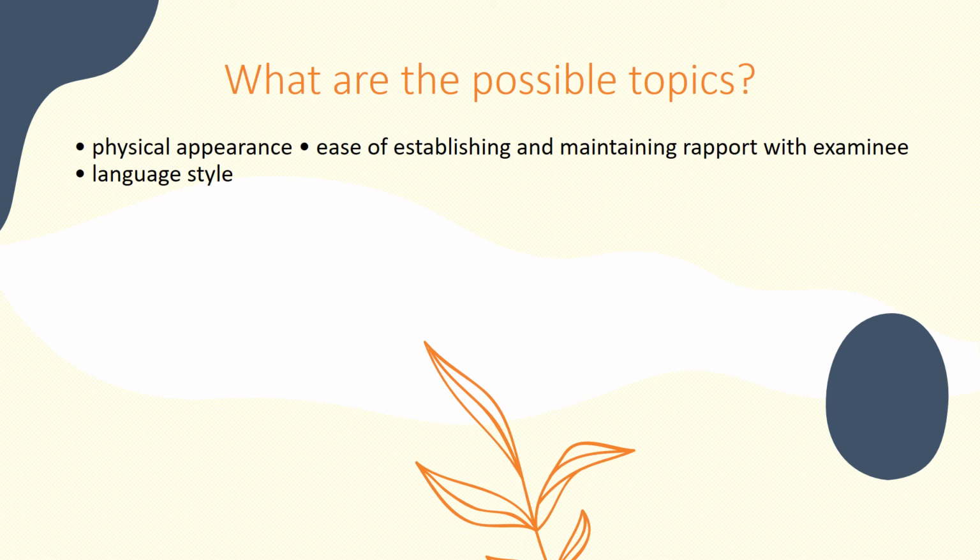The third point relates to communication. The speed, pitch, volume, and rhythm of speech can make a person difficult or easy to understand. Both accents and regional dialect can affect a person's ability to understand or be understood.